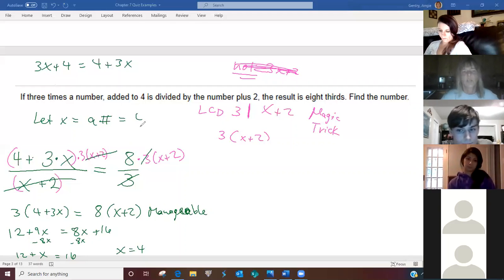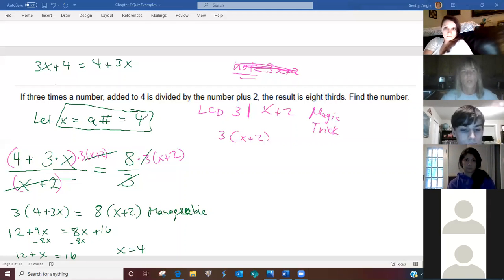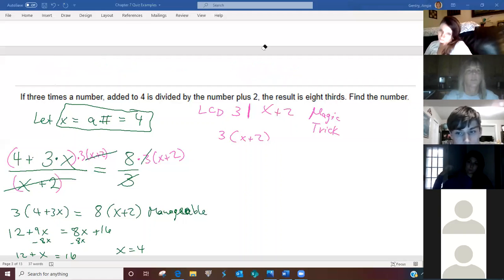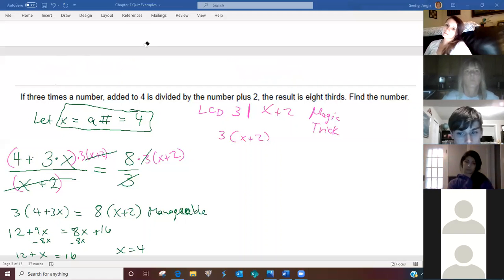And then we're going to check it in the original wording. I don't always have time, but I want you to know this now. And I'll show you this actually doesn't take very long. I'm going to do it up here in, like, I don't know, brown. It won't let me. If 3 times a number, what is 3 times 4? 12.